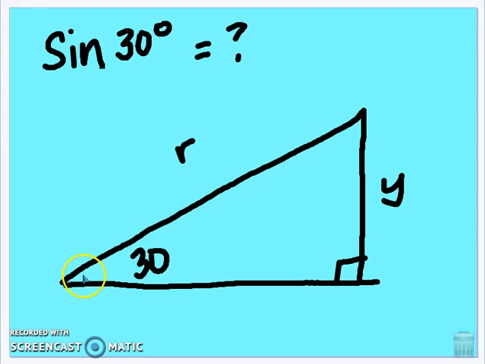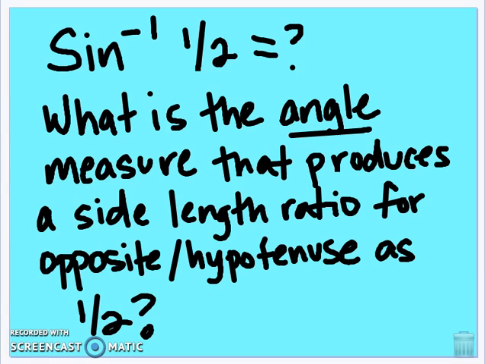I can take a look at a right triangle that's marked up that way. The side length relationship of sine is y over r, so opposite over hypotenuse. Now, I can reverse or flip the side length relationship value with the degrees or radian measure, and that's what I did in this case.